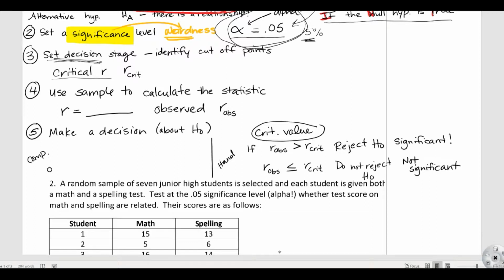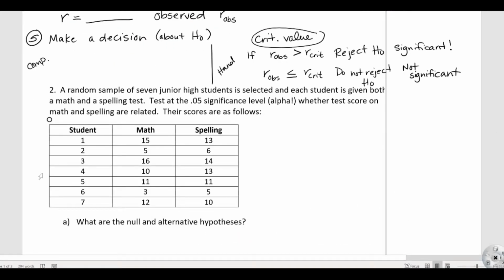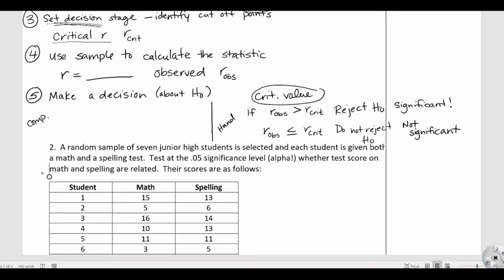Now, if you're doing this on the computer, then basically it helps you skip some of these middle steps. We have an equivalent to each of these for if you're using the computer. When you're using a computer, it's going to spit out a p-value, and that p-value is what we're going to use.